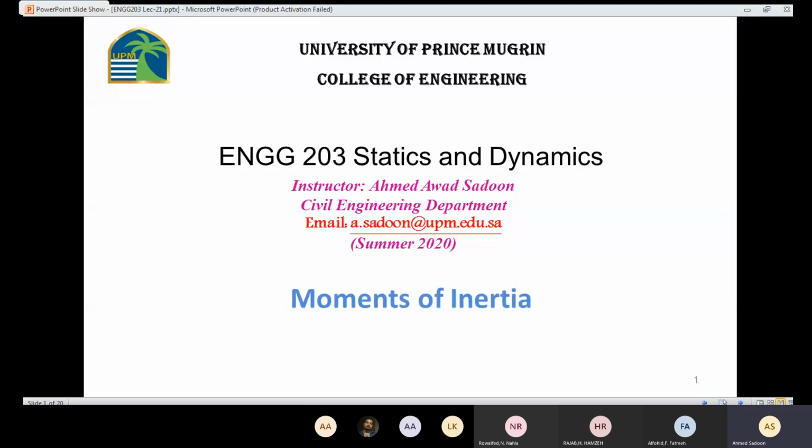Later on, in advanced courses, we are going to use the moment of inertia a lot. So today we need to learn how to determine the moment of inertia for any section.